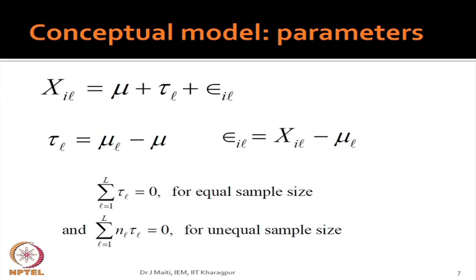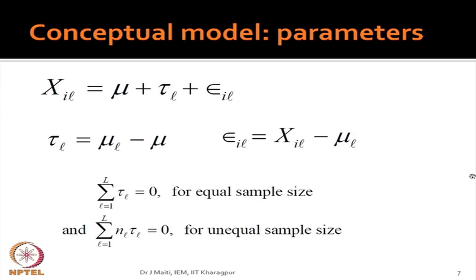Now, we will see how to partition the variability part. But what are the parameters you are estimating in MANOVA? Your parameters will be this tau L, actually mu L also you have to estimate, mu you have to estimate, and you have to estimate also the error terms.